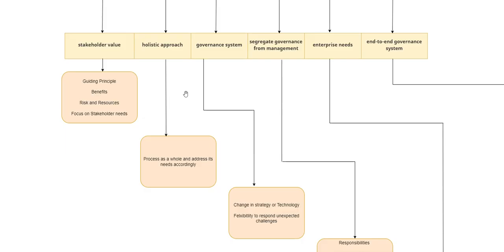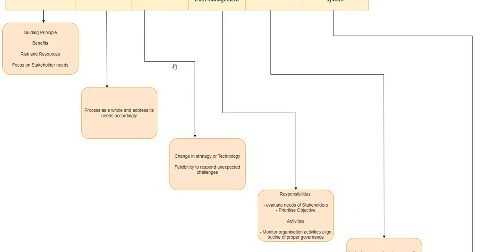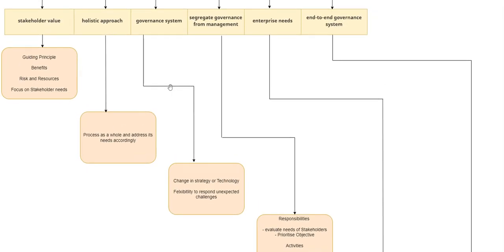Then governance system: change in strategy or technology, with flexibility to respond to unexpected challenges. Sustainability principle, the dynamic governance system. It's a principle that focuses on staying up to date with the latest changes in the technology infrastructure of organizations.